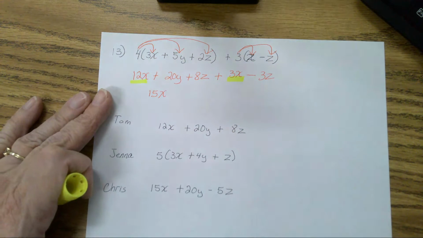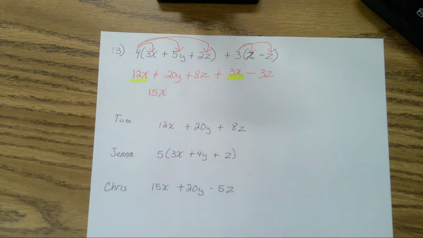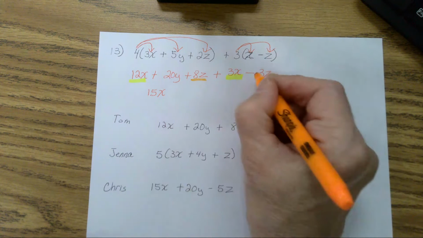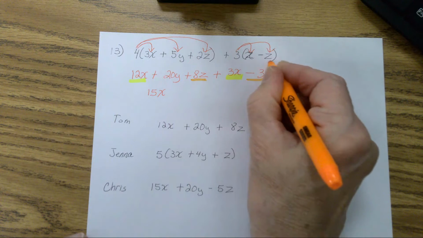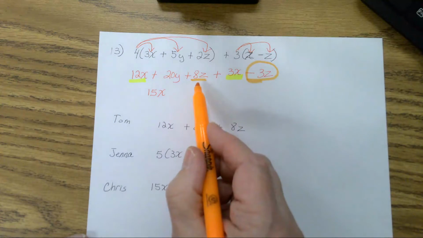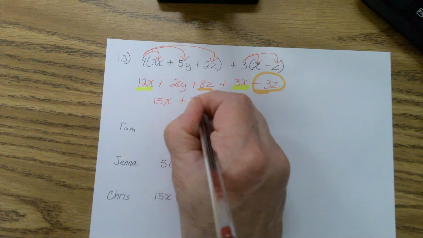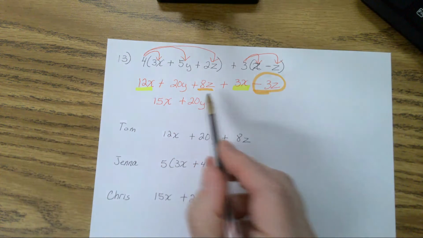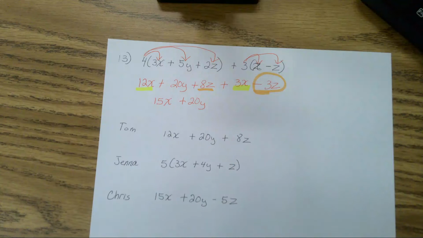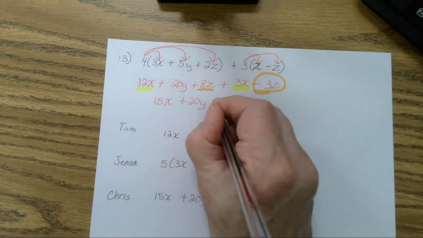Now, are there any other y's? No. Y is by itself. Are there any other z's? Yes. But now notice it's a minus 3z. Oh, I forgot to put plus 20y stays the same. What's 8z minus 3z? Any questions?